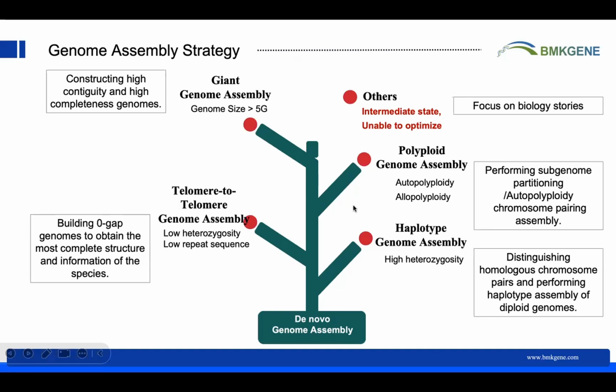But if it's outside of this state, like the heterozygosity and repeated sequences are in a middle state, then sometimes it's unable to optimize the assembly into a higher level based on the current sequencing technology and assembly algorithms. So we recommend you focus more on the downstream biology stories.